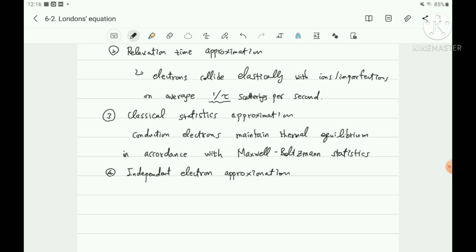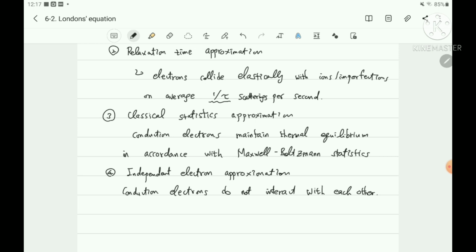Therefore, only one electron needs to be considered. Conduction electrons do not interact with each other. It is the independent electron approximation.